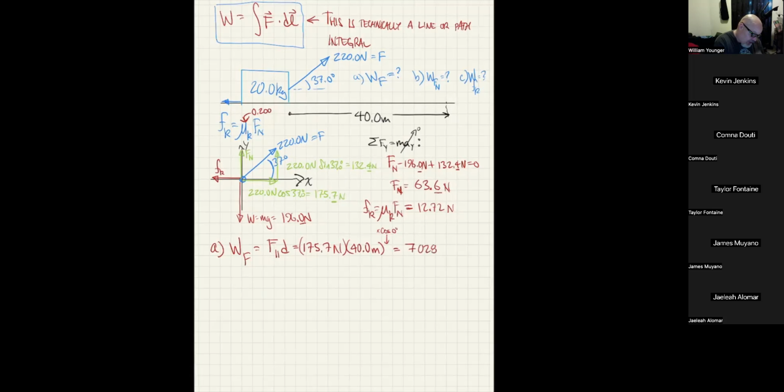Now, remember, technically, I only had 3 sig figs in the 40 meters and in the other one. So technically, this should be 7.03 times 10 to the third. And that should be newton meters. But the newton meter is defined to be a joule.